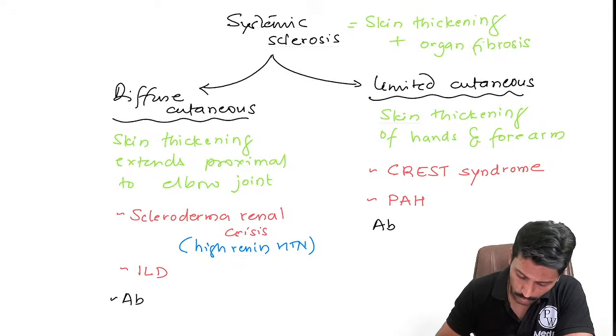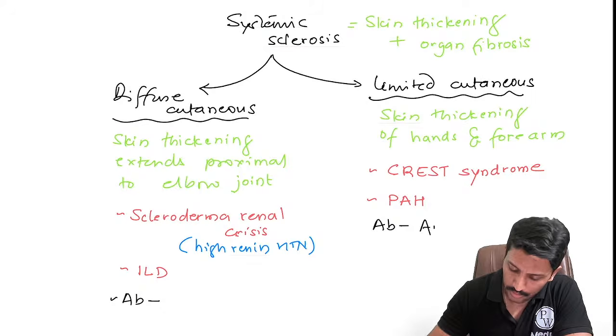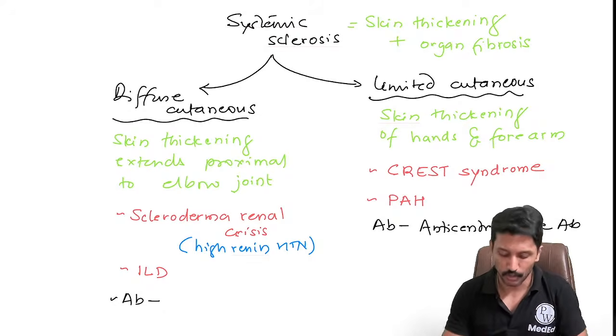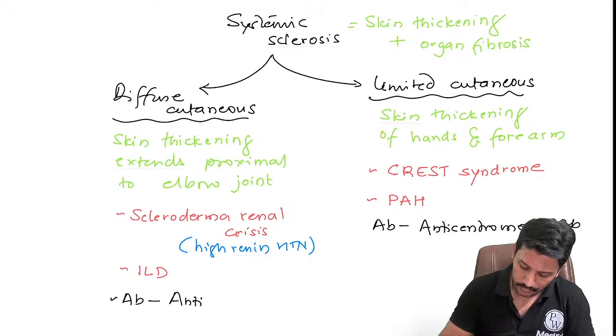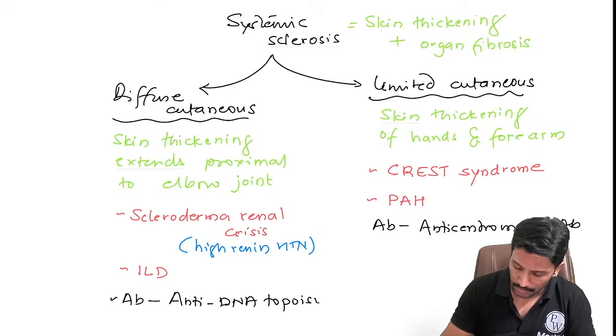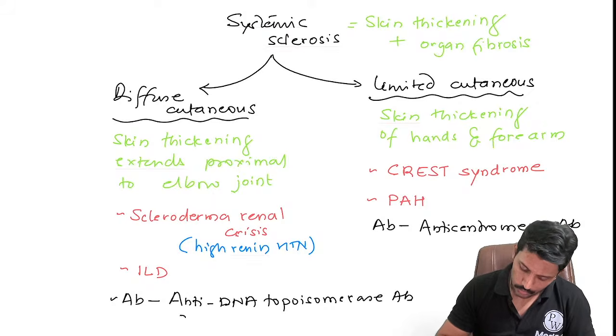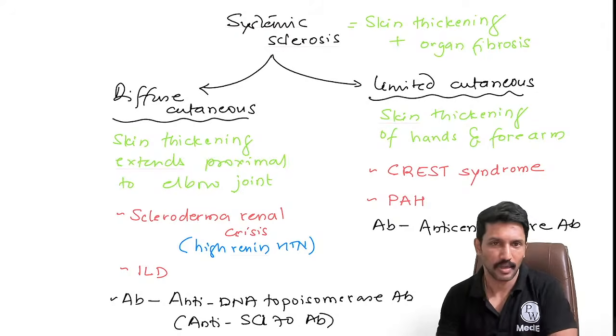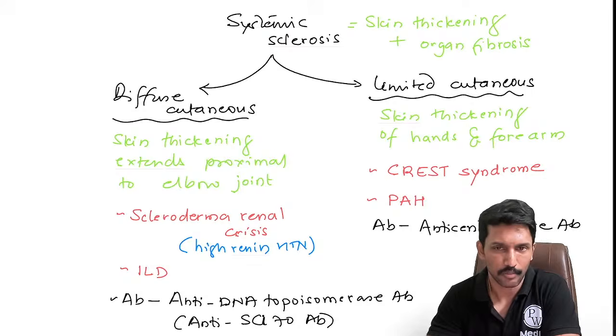The classical antibody in limited cutaneous is anti-centromere antibody. And the antibody in diffuse cutaneous is anti-DNA topoisomerase antibody, also called anti-SCL70 antibody. It's there in the name, right? SCL means scleroderma.